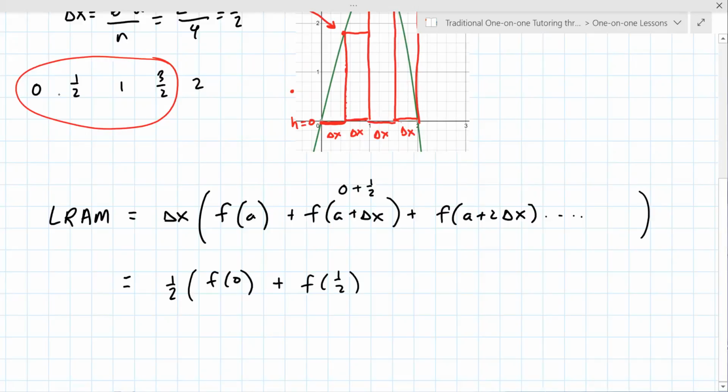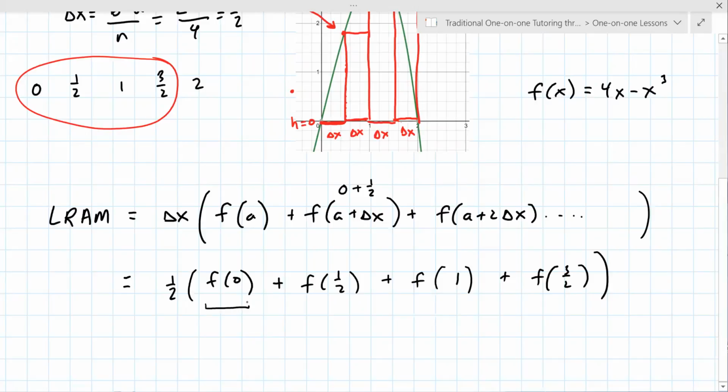See where that next point is, plus f of a plus 2 delta x, where a is 0 and 2 times 1/2 is 1. So that becomes f of 1. That's the third point, plus f of 3/2. From here, you have to evaluate that original function. Your f of x is 4x minus x cubed.